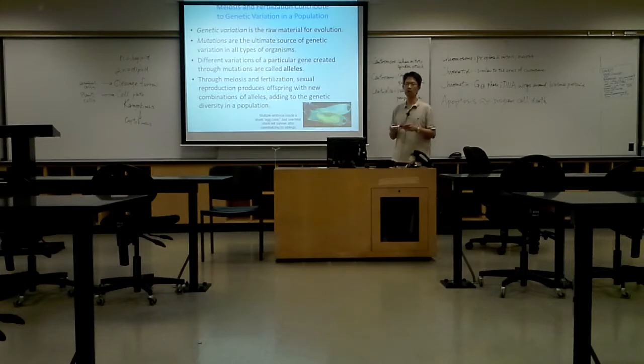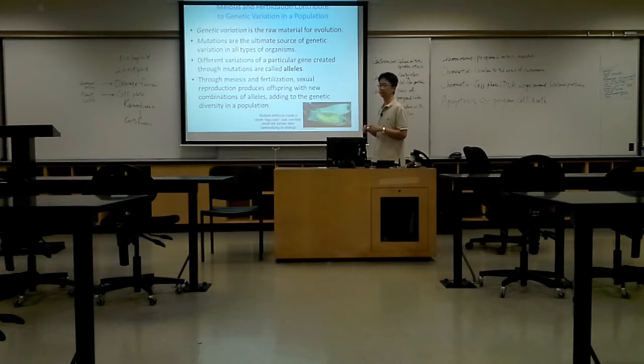Mutation occurs, let's say, if you have radiation or if you have a chemical mutagen. High temperature can also cause mutation. But if none of these occur, can we have genetic variation?